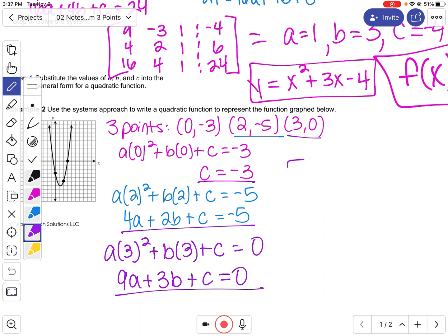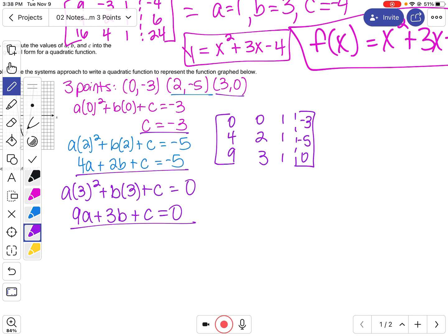So I'm going to set up my matrix. You can use whatever method you want. My first column are my coefficients of A, so I would have 0, 4, 9. My B would be 0, 2, 3. My C would be 1, 1, 1. And then my constants, -3, -5, and 0.